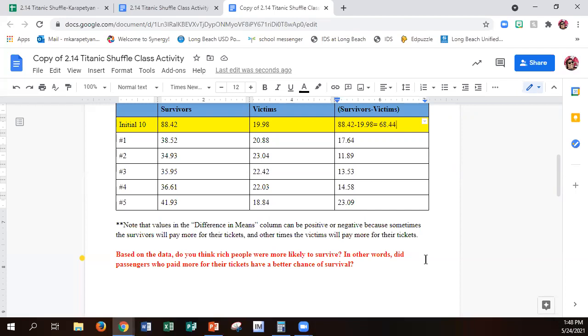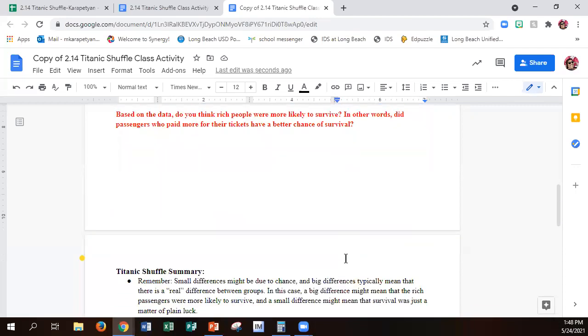The by-chance differences are so close to each other, they're within a range of each other, versus 68, which is all the way out there. It shows that the real data, yes, had some sort of skew. Something else was at play where the wealthier passengers survived more often than the poorer passengers. It proves it empirically, with data.